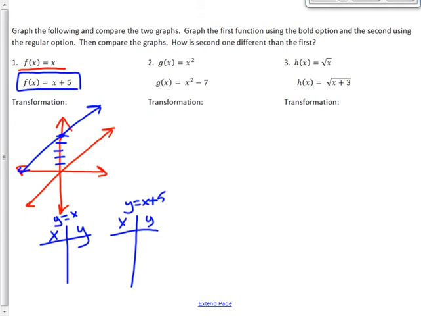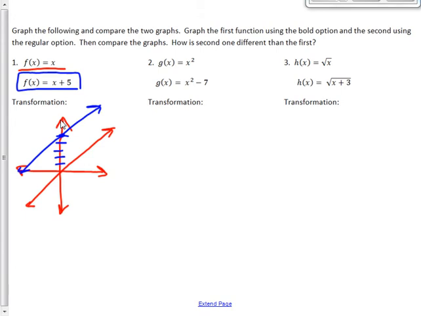But you could always fall back on using this XY chart. It will always work. We just want to find quicker, faster ways to do mathematics and become a little bit more proficient at it so that we're not stuck in the Stone Age doing XY ordered pairs. We want to find quicker ways.